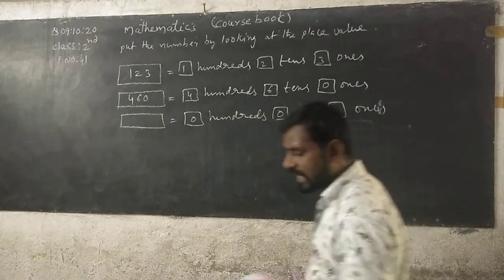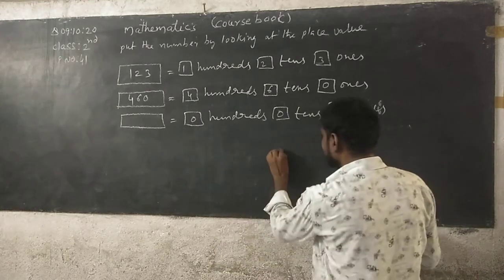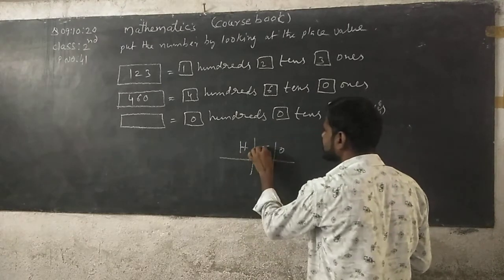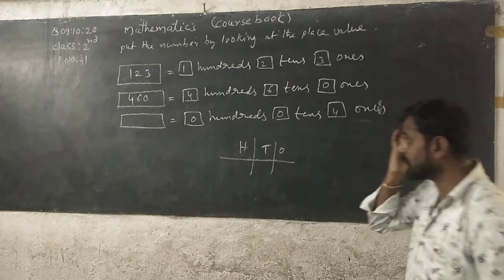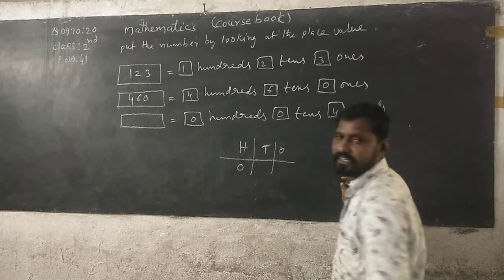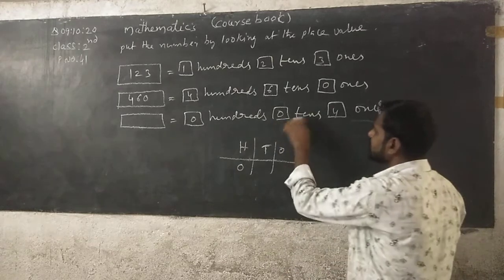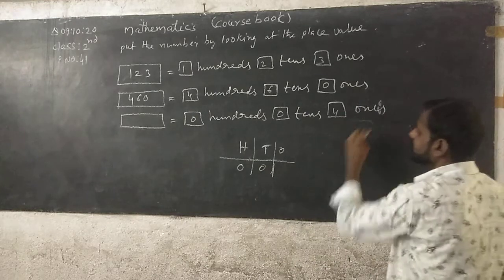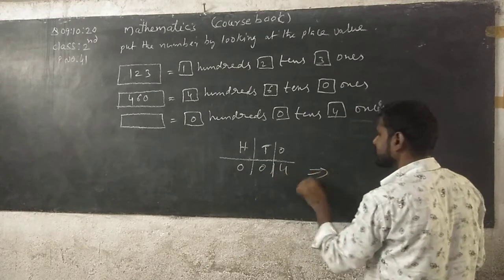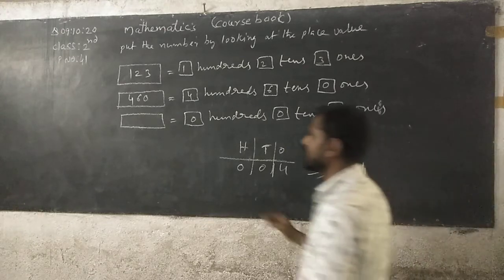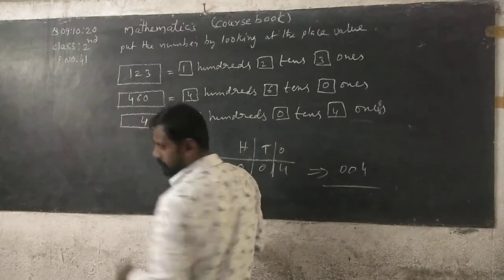See here, you can write ones, tens, hundreds: O for ones, T for tens, H for hundreds. First, 0 is in hundreds place. Next, 0 is in tens place. Next, 4 is in ones place. So this is equal to 0, 0, 4, which means what, Nana? Only 4. You can write here only 4.